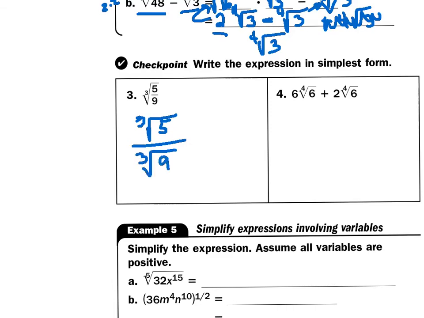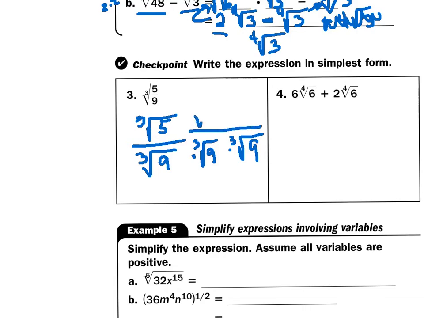We can't leave that 3rd root there, so we need to multiply it by the 3rd root of 9 again, and then one more time, because it takes 3 of those to make a number that I can pull out.